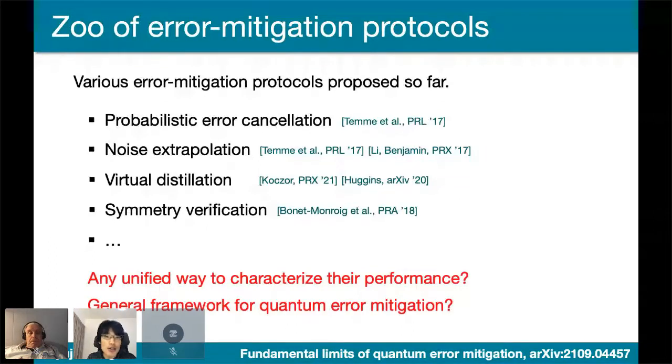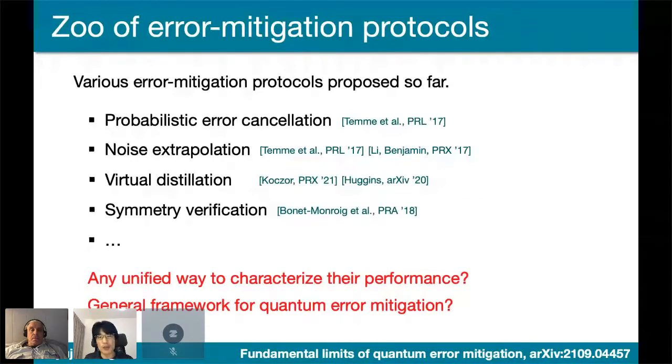The problem here really is that there's no way of telling the optimality of a given error mitigation strategy. If you're given, say, probabilistic error cancellation, is there any room for improvement? Then if there is, it's worth thinking about proposing another way of error mitigating your system.